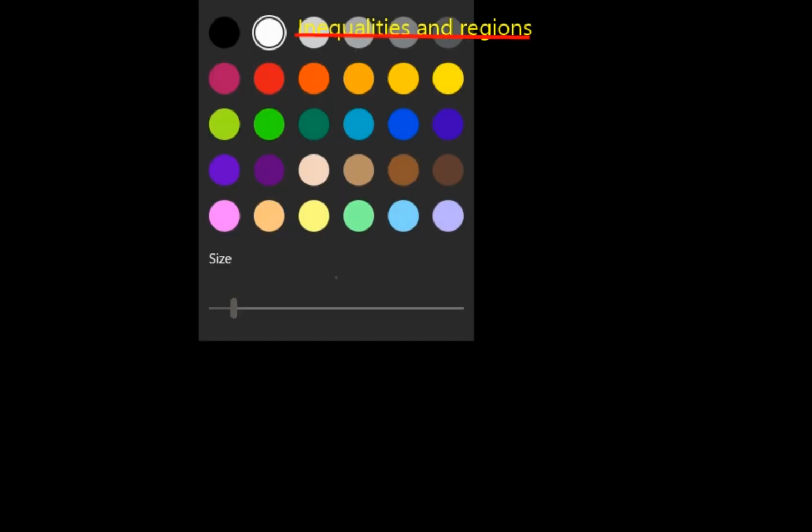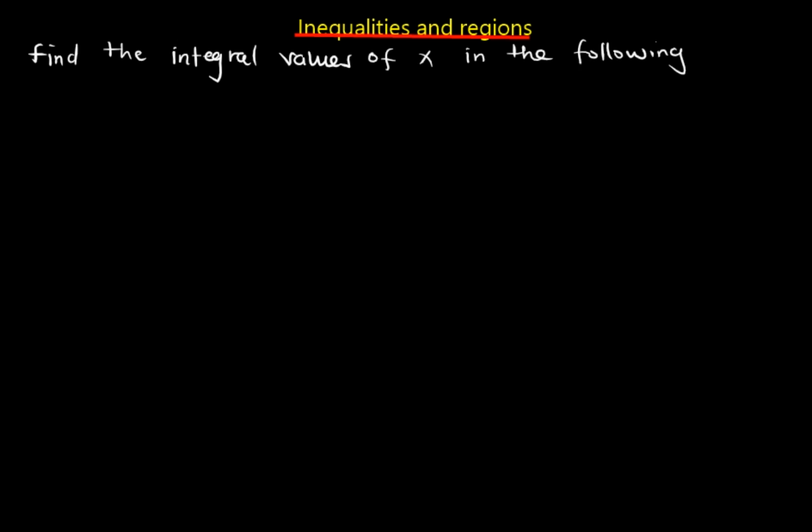Example number 1. Find the integral values of x in the following inequalities.